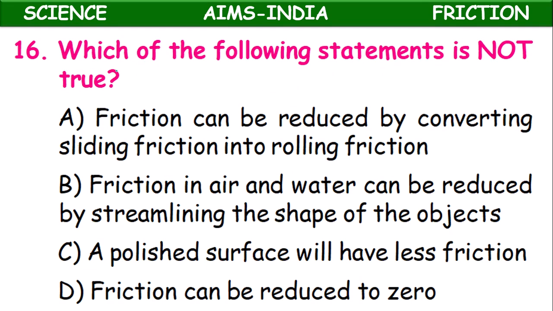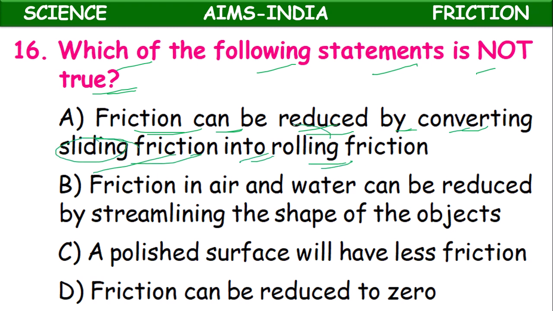Next question, which of the following statements is not true? Friction can be reduced by converting sliding friction into rolling friction. If sliding friction changes to rolling friction, friction will be reduced. It's true. Friction in air and water can be reduced by streamlining the shape of objects.